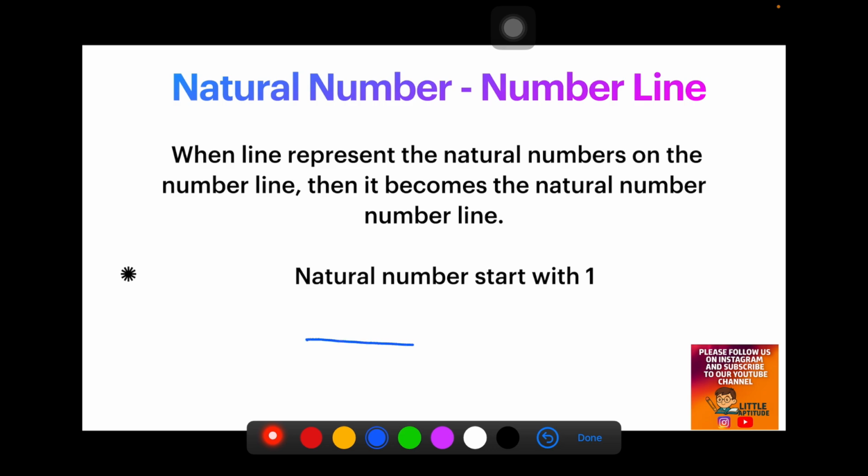For example, if I draw one line here and mark some points, I'm giving just natural numbers 1, 2, 3, 4, 5. It does not include any other number. So my line contains only natural numbers, and natural numbers start with 1. So that's why I mentioned 1, 2, 3, 4, 5, 6. So this becomes a natural number line, as the number line represents only natural numbers.